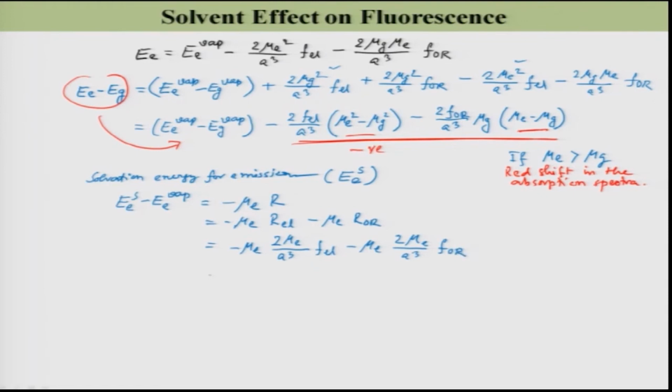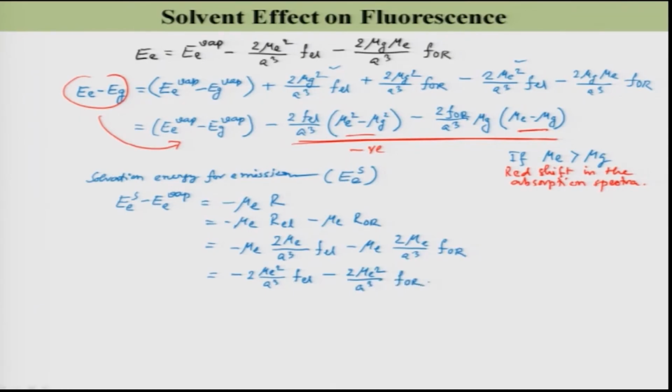So, this is equal to minus twice mu E square by A cube F EL minus twice mu E square by A cube F OR, right.